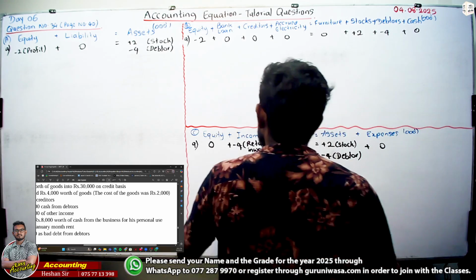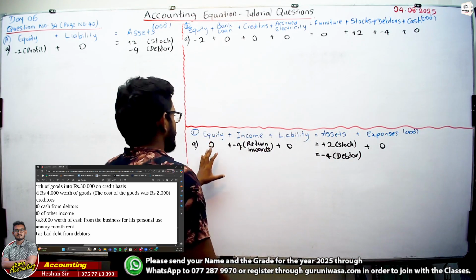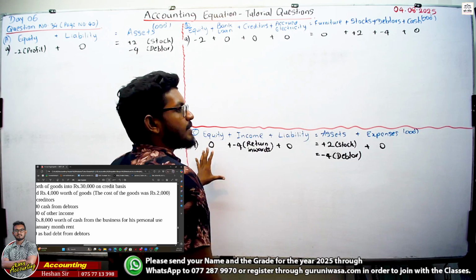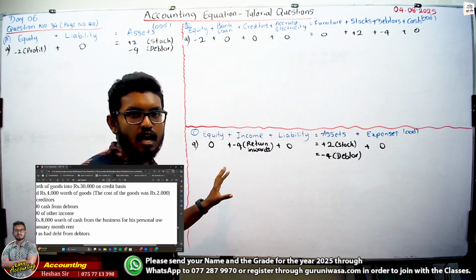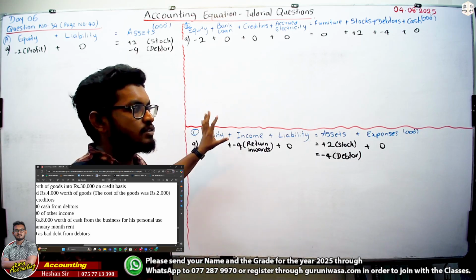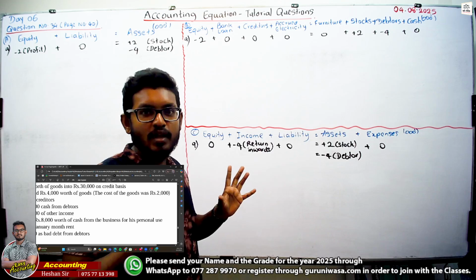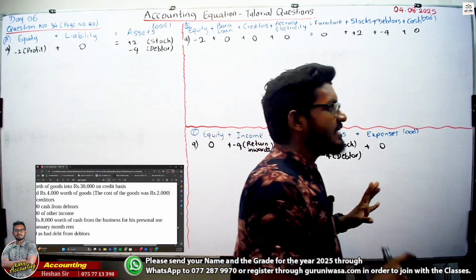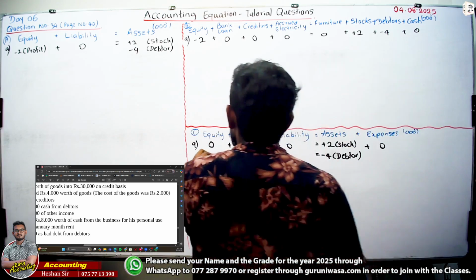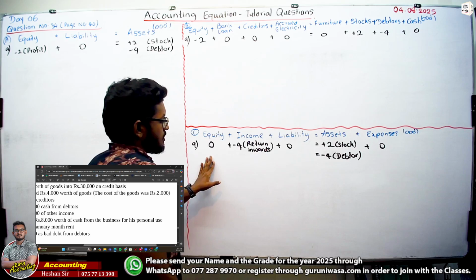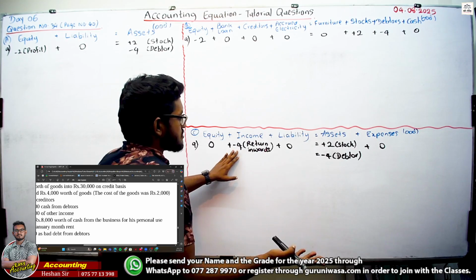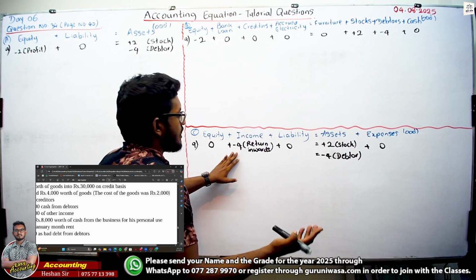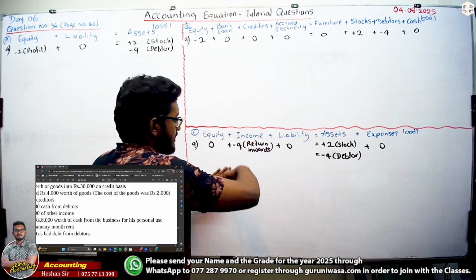In here we can't write anything in equity because in here equity means only the capital and additional capital. Am I audible to you guys? Understand? In here equity means only the capital and additional capital. When we sell the goods, our debtor asset decreases, income also.